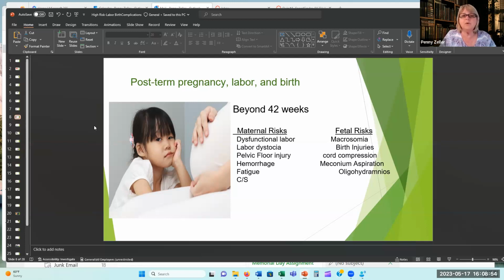So oligohydramnios means small amount of amniotic fluid, and that's what happens after that 40th week. The amount of amniotic fluid begins to drop off, and so now umbilical cord compression is a risk, as well as infections. So these are your post-term pregnancies.